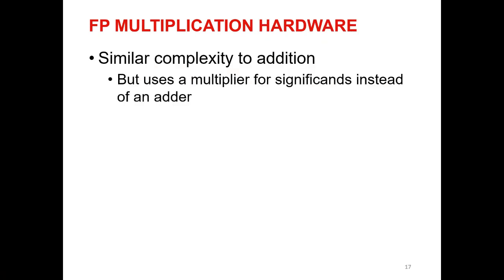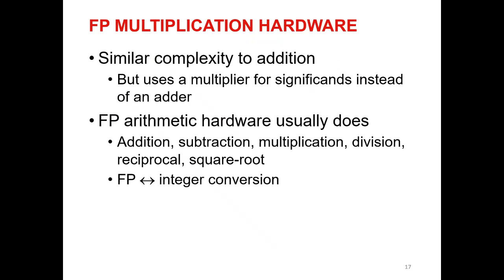I'm not going to show the hardware here. The hardware for multiplication is very similar to what we have seen for addition. Instead of doing the addition in the arithmetic logic unit, we are multiplying the significands, but the rest is similar. Floating point arithmetic hardware usually, apart from addition and multiplication, does other operations such as subtraction and division.